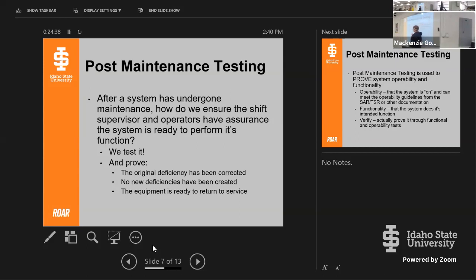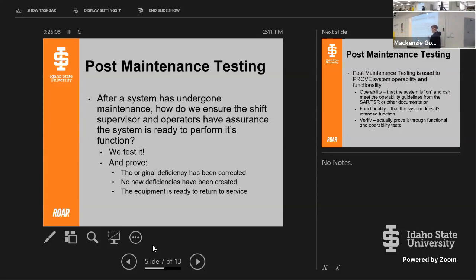By performing post-maintenance testing, we are going to verify or prove that the original deficiency has been corrected and/or no new deficiencies have been created and that the equipment is ready to return to service. Okay? So maybe your system wasn't deficient and you didn't update.